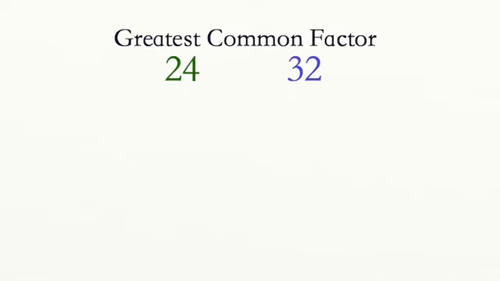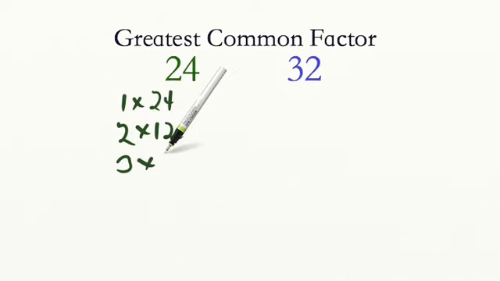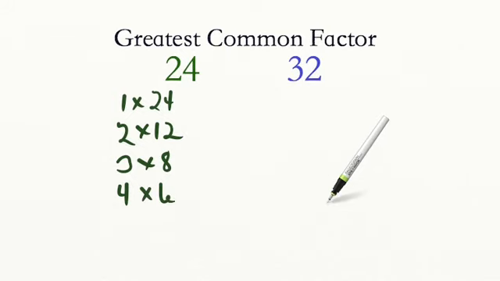Our first step in finding the greatest common factor of two or more numbers is to list out all of the factors for each number. So let's find the factors for the number 24. We can multiply 1 times 24, 2 times 12, 3 times 8, and 4 times 6.